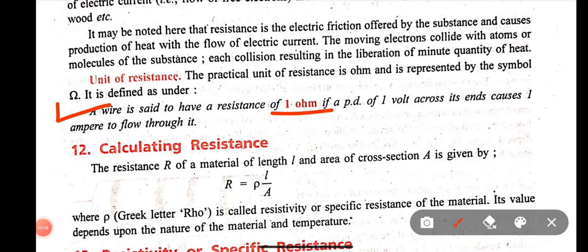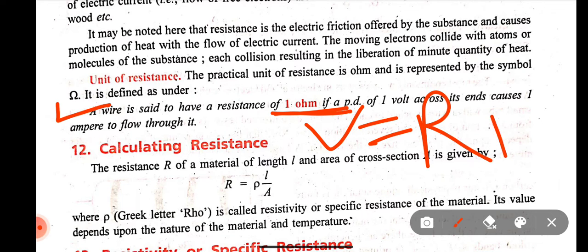What is 1 ohm of resistance? We know that V equals Ri, from Ohm's law.